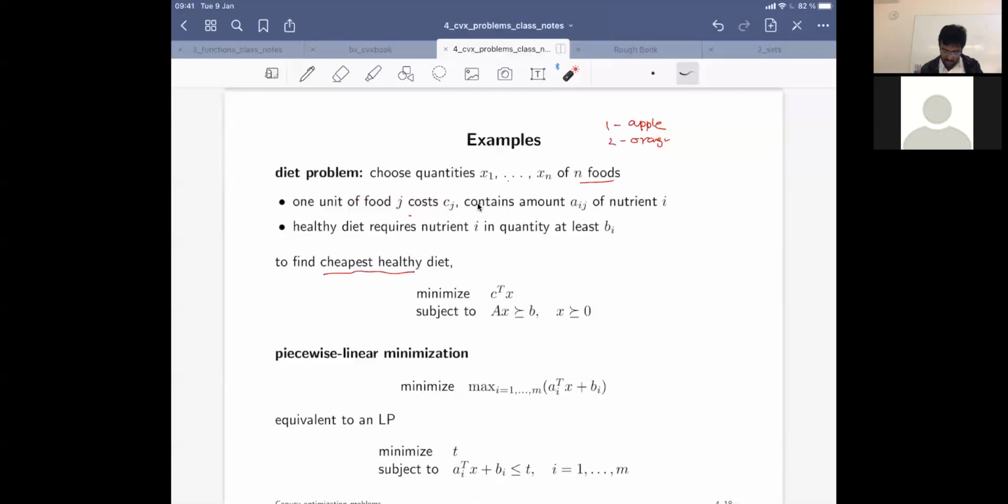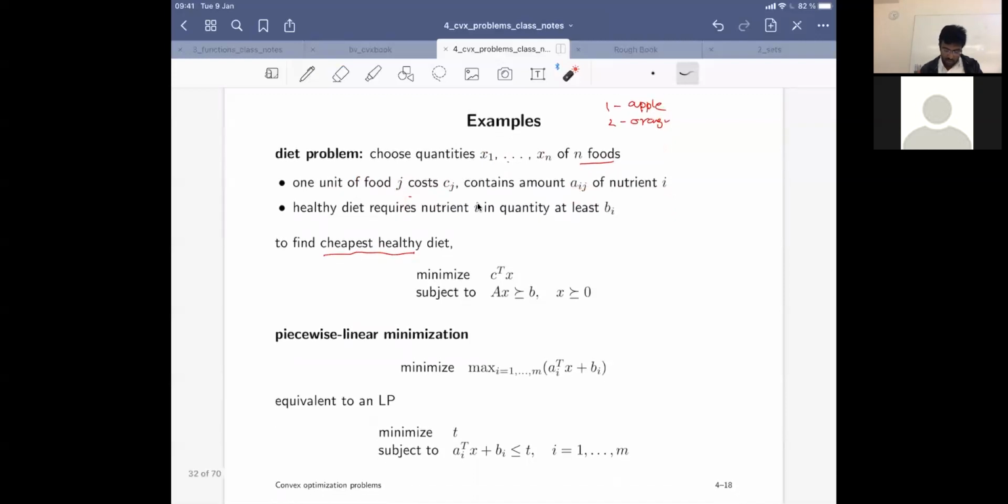Also the jth food contains an amount aij of nutrient i. For example, nutrient 1 I am taking as vitamin, nutrient 2 as protein, something like that. So that is this condition. Now the requirement is the healthy diet requirement.